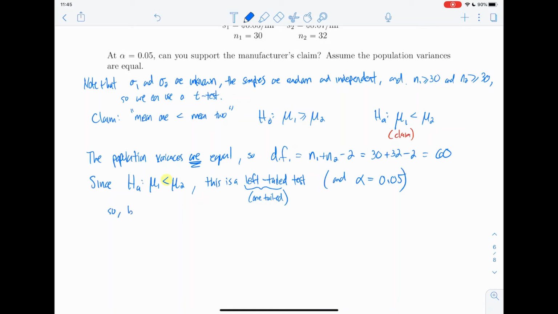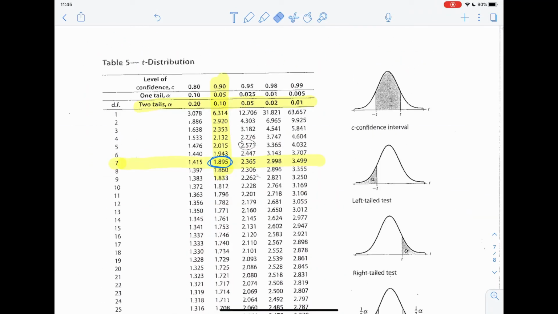So, by the t-table, t sub 0 is equal to, well, now we need to find our critical value. So let's head over, let's import all this information into the t-table and see what we can find. So we'll delete the information from the previous problem. And what are we looking for? We're looking for a one-tailed test.